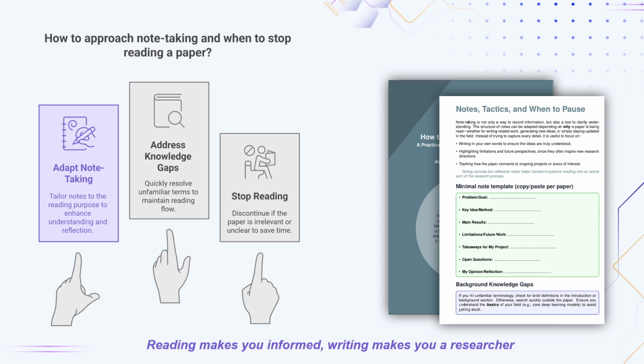Another skill is knowing when to stop. If the paper is unclear, not relevant, or not impactful for your purpose, it's better to stop early and move on. Now you can keep a short record of why you stopped so you won't waste time revisiting the same paper later.